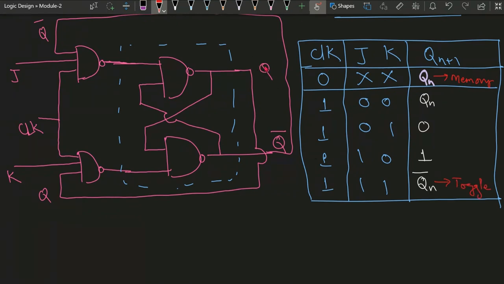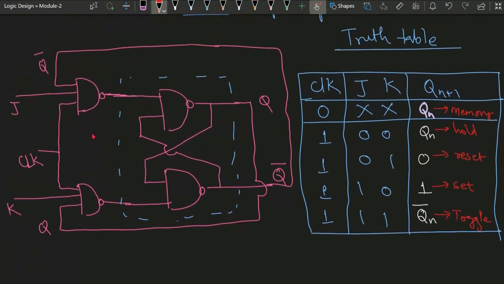The Q was initially 0, so after J and K are 1 1 and the clock is high, the output becomes the complement of 0, that is 1. Similarly, the complement of 1 is 0. So the outputs are complemented, and that is called toggle mode. This is the hold mode, similar to the SR flip flop. This is reset, and this is the set mode. So this is the truth table of the JK flip flop, and the circuit diagram is this.